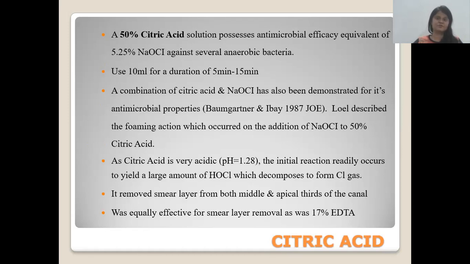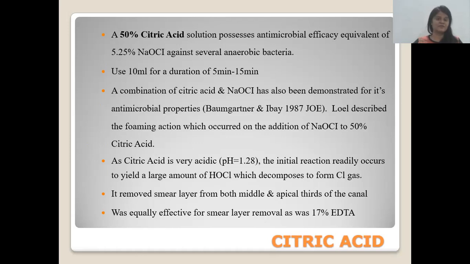Then coming on to other acidic ingredients like citric acid, a 50% citric acid solution possesses antimicrobial efficacy equivalent to 5.25% sodium hypochlorite against several anaerobic bacteria. A use of 10 ml of the solution for 5 to 15 minutes is recommended. A combination of citric acid and hypochlorite has also been demonstrated to have antibacterial property by Bystrom and Sundqvist in 1987.